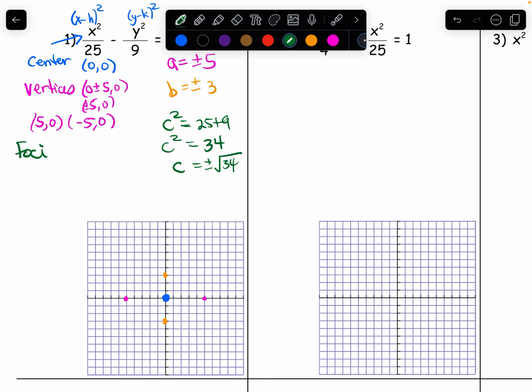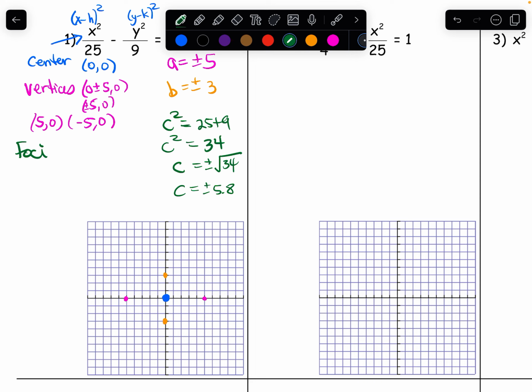But if your teacher does let you use your calculator, you're going to get 5.8. If they don't, you know that it's almost 6 because the square root of 36 is 6.